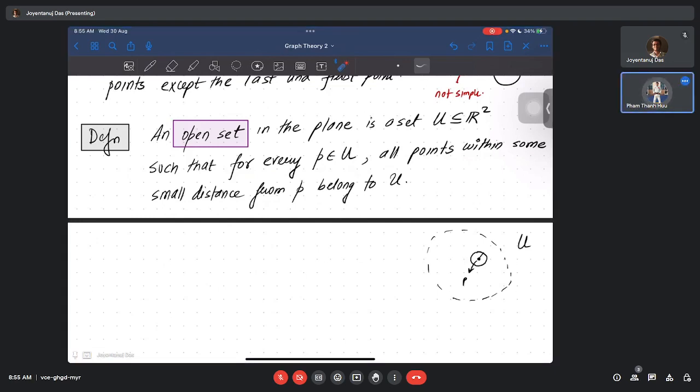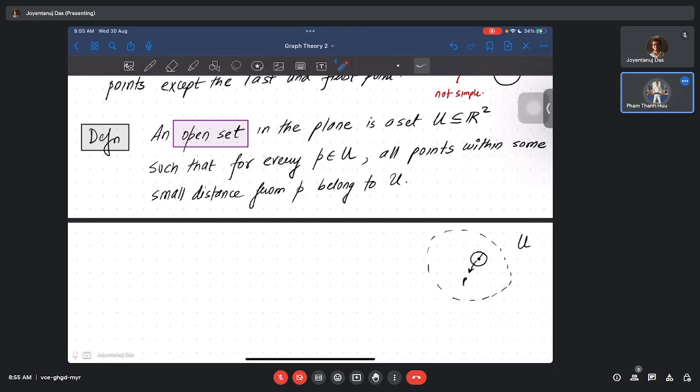So when we read this definition, we cannot distinguish between open set and closed set, because closed set has other conditions. If it includes the limit points, that's a closed set.